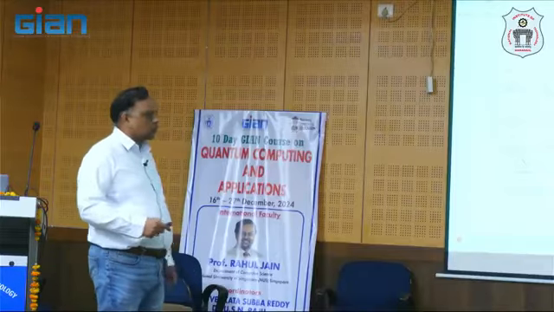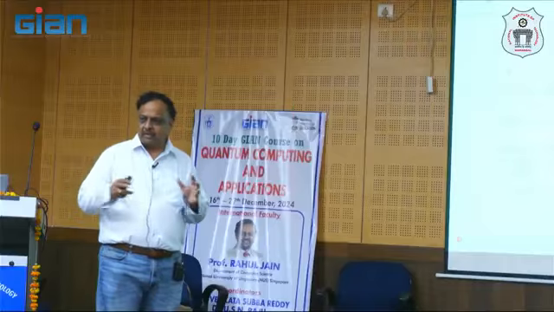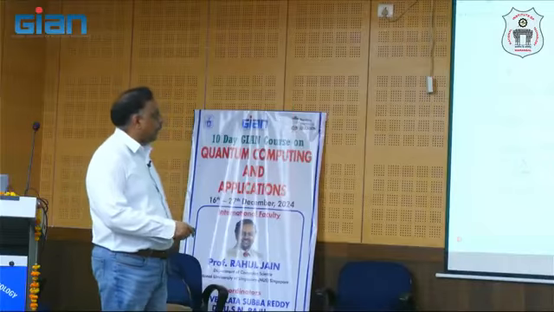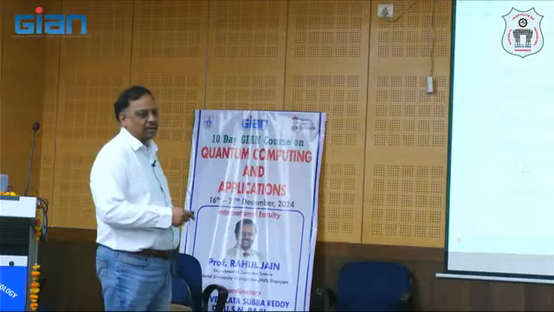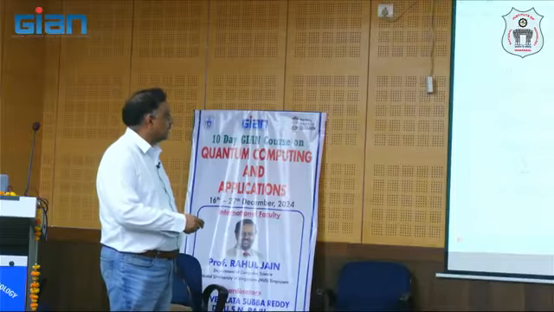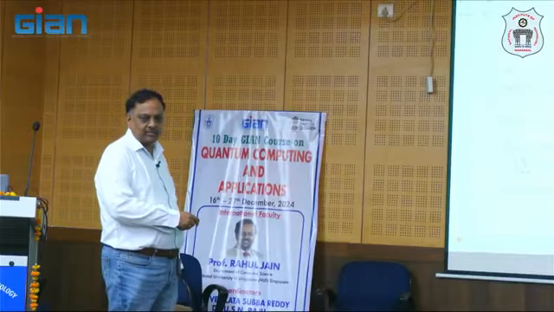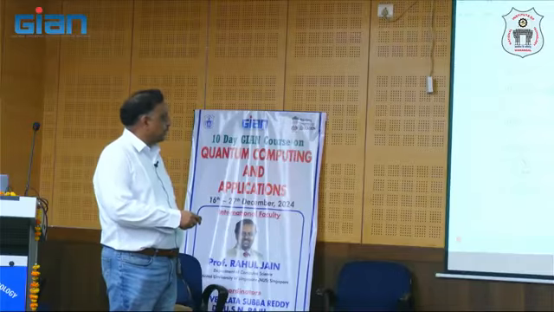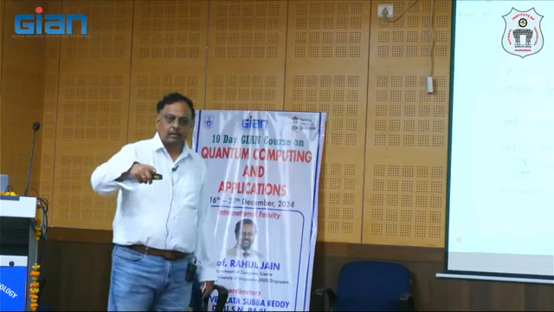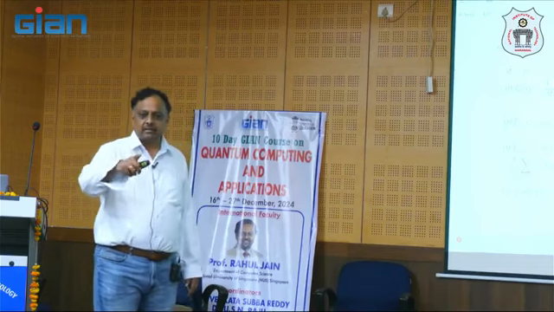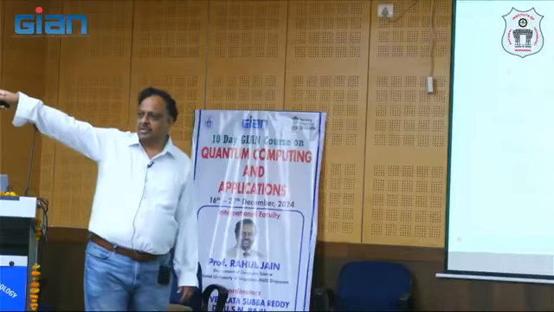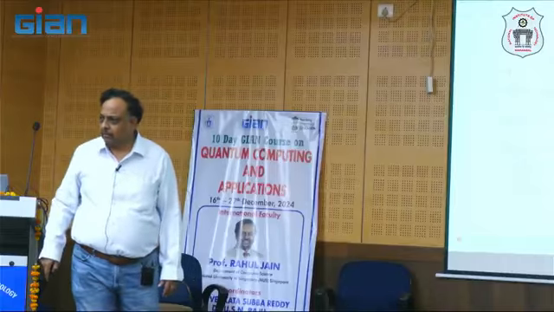Then the output k also should have most significant bit and least significant bit. But we output in the reverse order, k0, k1 up to k m minus 1. Here the leftmost is the most significant, but what we are outputting is the least significant bit first, then the second, like that, and the most significant at the end.